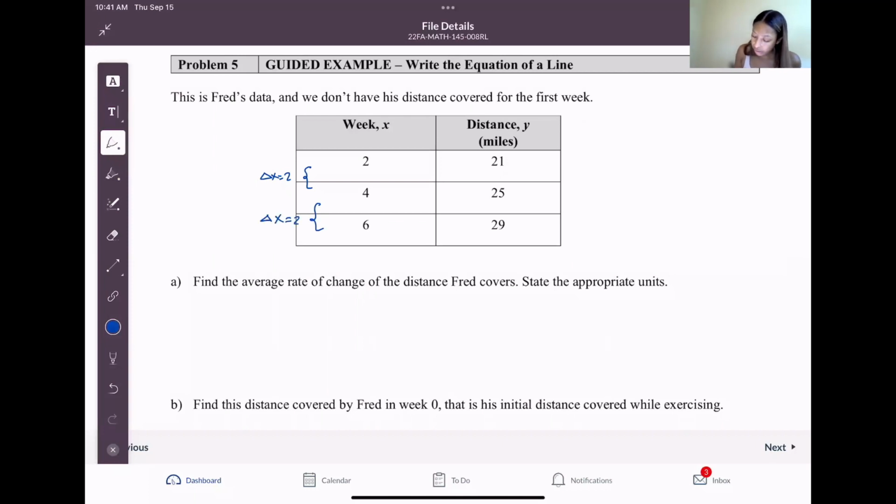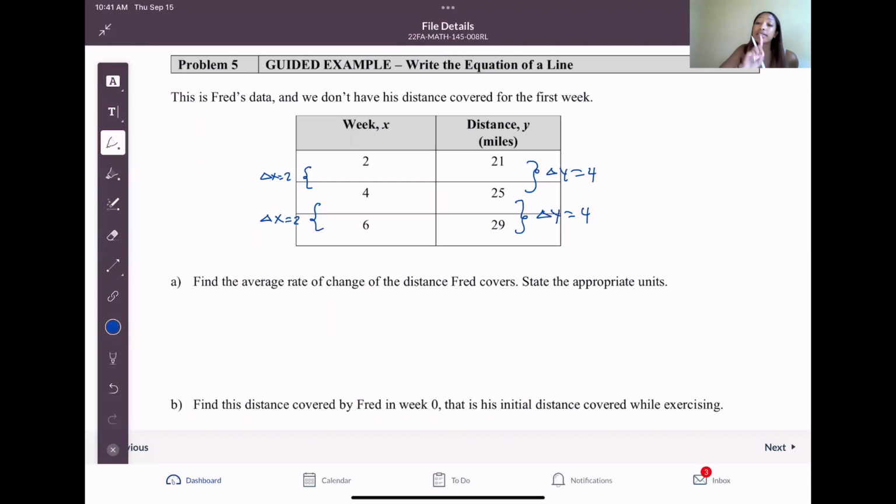And then we can look at what's happening with the y's. From weeks 2 to 4, delta y is equal to, am I counting right? Nope, 4. And then from weeks 4 to 6, we go from 25 to 29, delta y is equal to 4 again.